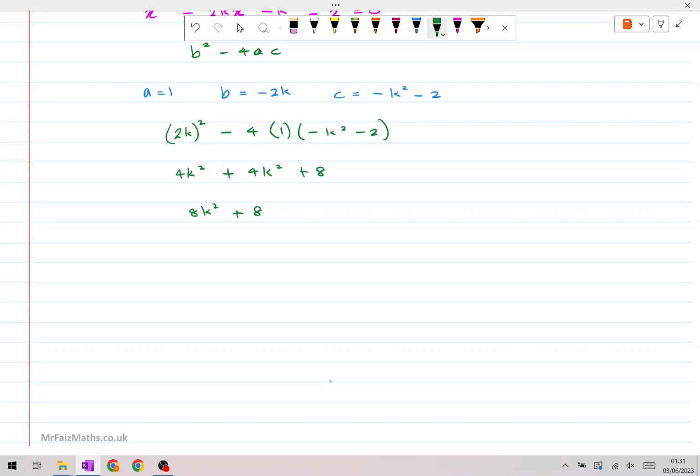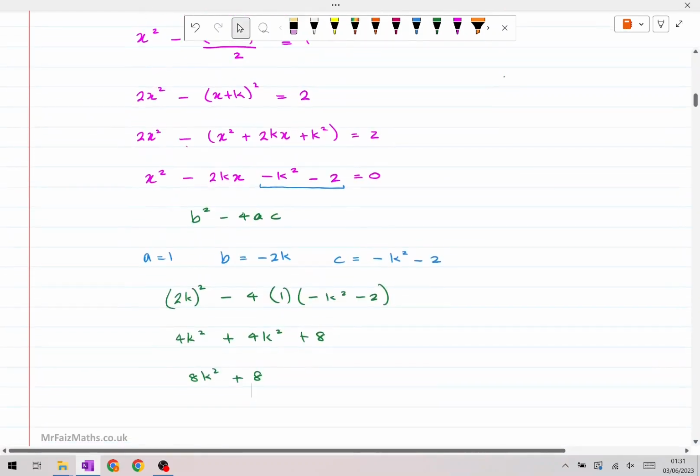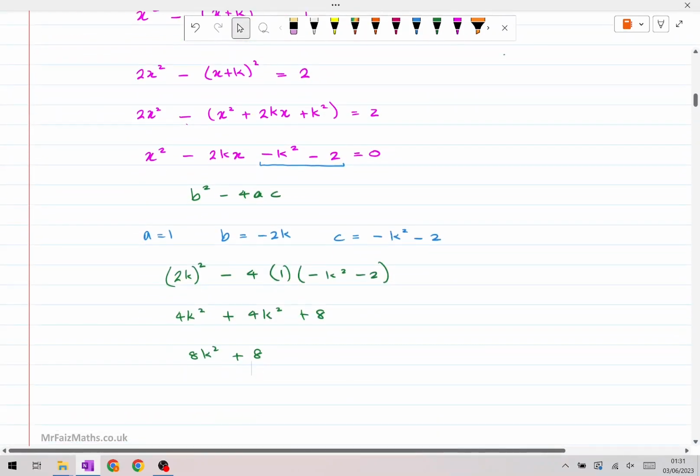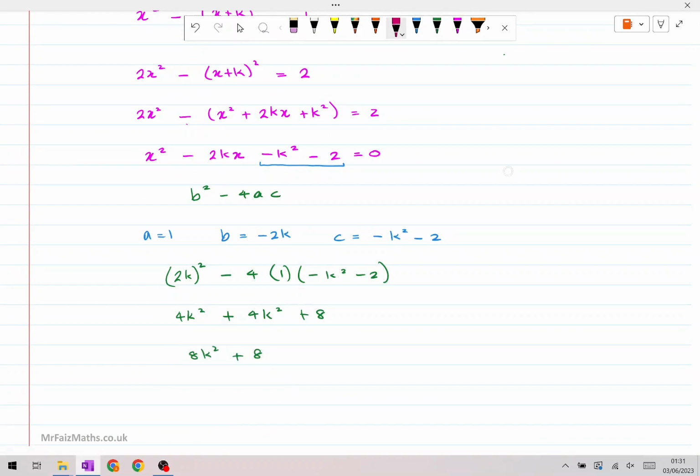So this is what our discriminant is, right? So the discriminant is 8k squared plus 8. So now we just need to make some kind of convincing argument to show why this discriminant is always greater than 0. Because remember, the condition for solutions using the discriminant is if b squared minus 4ac is positive, then we always have two solutions for a quadratic.